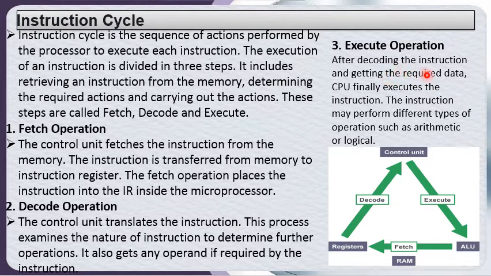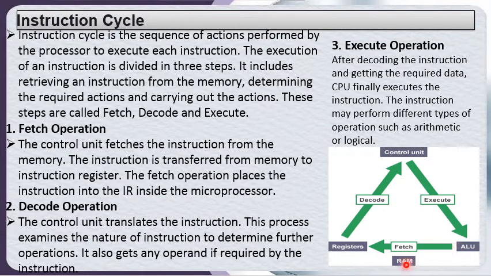After decoding the instructions and getting the required data, maybe some operands are required, those data and the instructions will finally be executed by the CPU. Who is going to execute that? The ALU. The instruction may perform different types of operation, such as arithmetic and logical operations. So the ALU will exactly perform that operation.